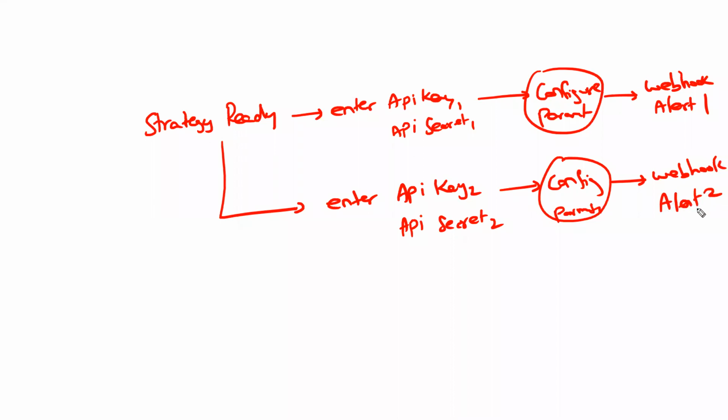This alert you're configuring for a different API key, maybe with a different quantity. You can set 2 lots here, and here you can set the quantity as 10 lots. So in account 1, 2 lots will be punched, and in account 2, 10 lots will be punched. That is possible. Same strategy, you don't need to do anything. Simultaneously, you can configure for any number of clients. There is no restriction to that.